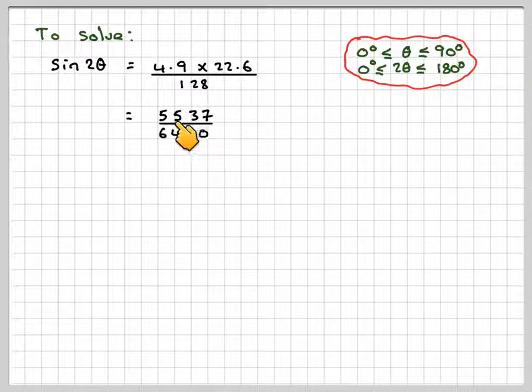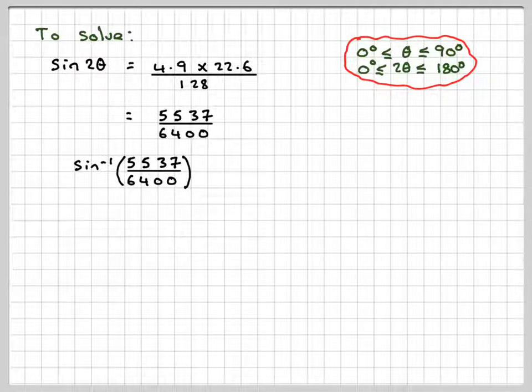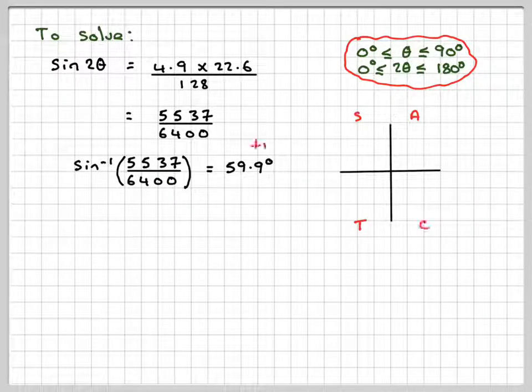When you work this out on your calculator, you get 5,537 over 6,400 exactly. Do sine to the minus 1 of that, and that will give you 59.9 degrees. We use the CAST diagram, or whatever you remember this as. We want to know where this is positive.